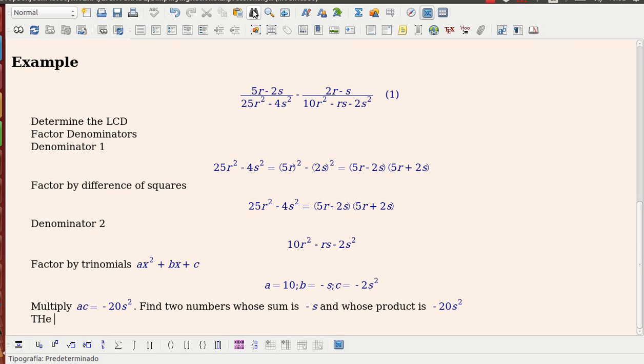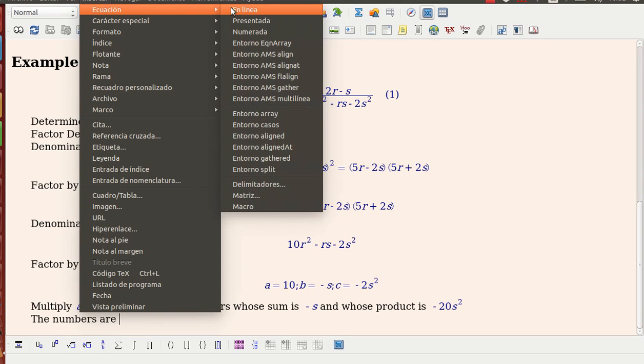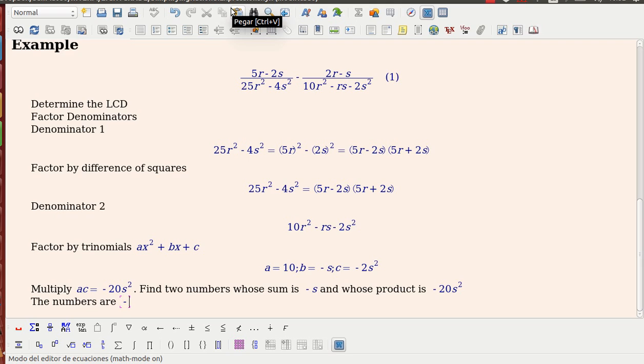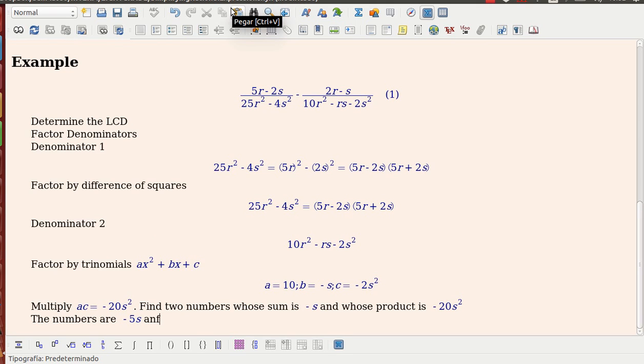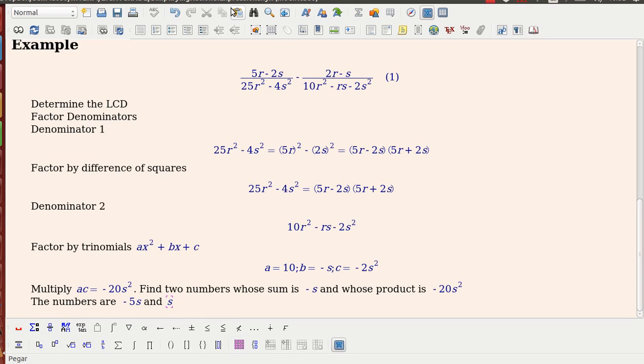So the numbers are minus 5s, remember the sum is minus s, and 4s.